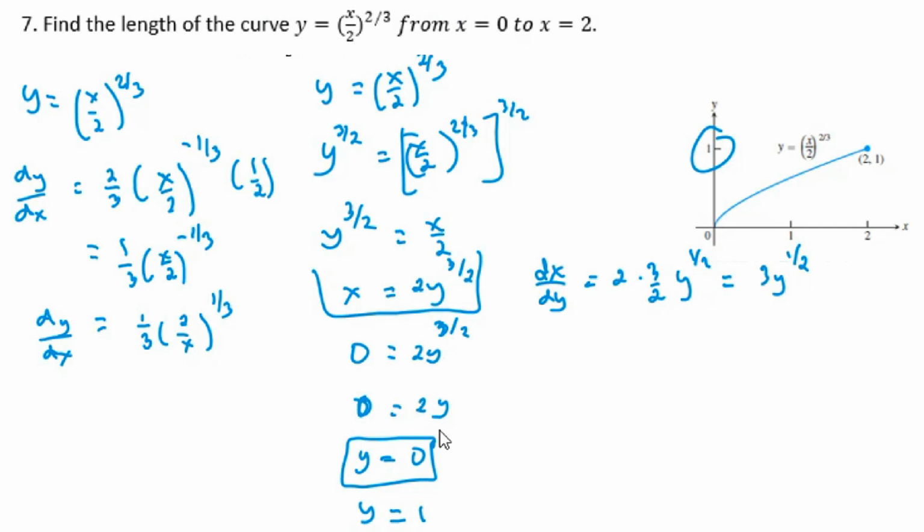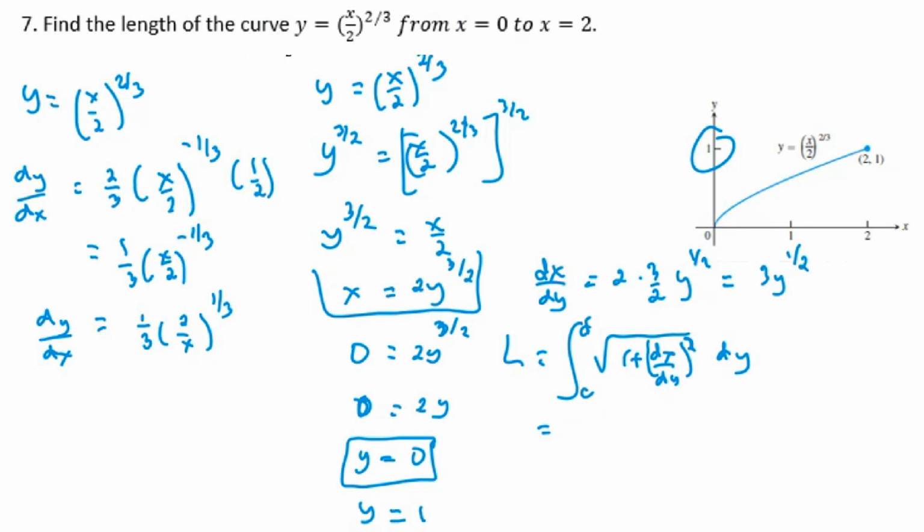Since we solved already the intervals in terms of y, which is from 0 to 1, we can now use the formula in equation number 4, wherein the length is equal to the integral of the square root of 1 plus (dx over dy) squared, dy, from c to d.